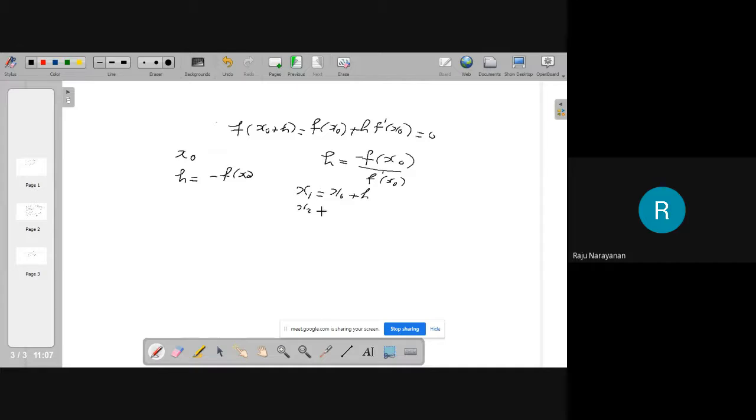Then you will get x2. x2 is x1 plus h, etc. Whenever the modulus of xn minus xn minus 1 is less than epsilon, we stop. Here it is not doing integration in the traditional way, it is using some rules, maybe Simpson's rule or Weddle's rule or something like that. Maybe more sophisticated rules.